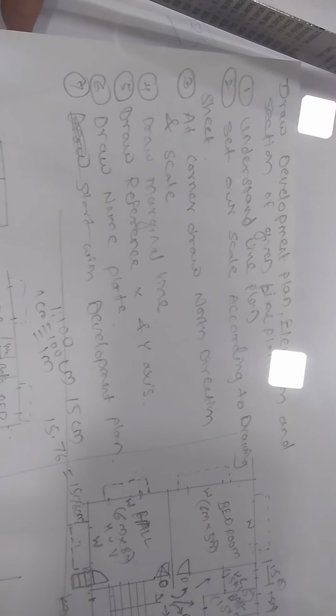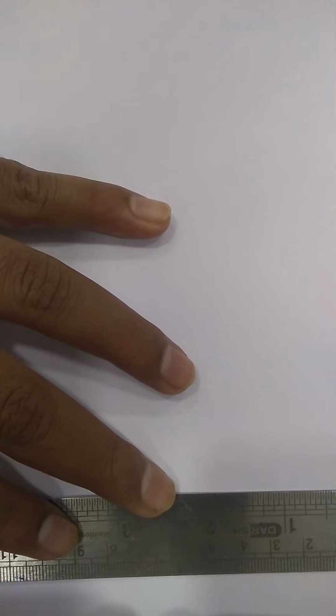So after that, third step is at corner, draw north direction and the scale. So if this is the corner of our drawing sheet, then we have to draw the north direction.